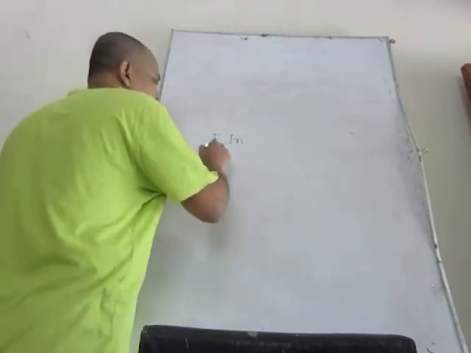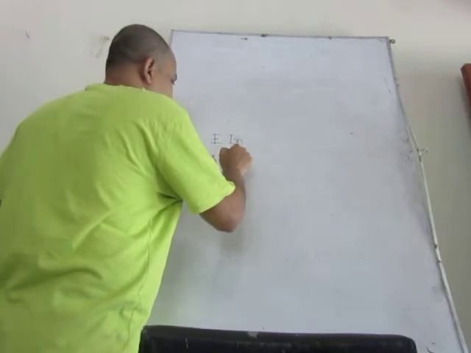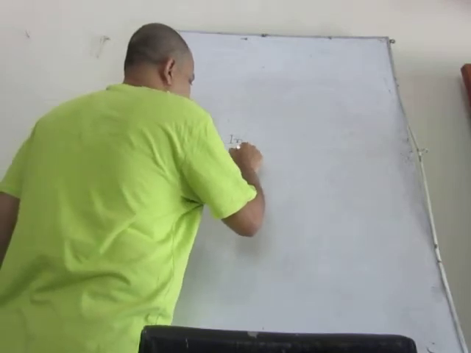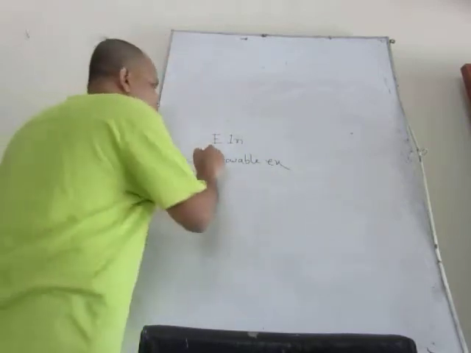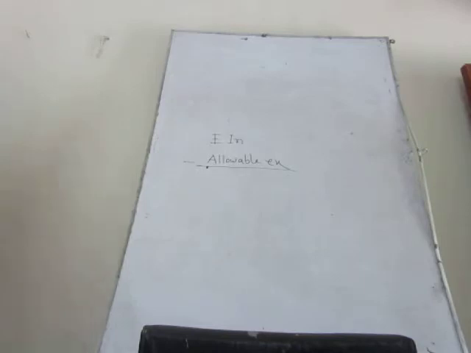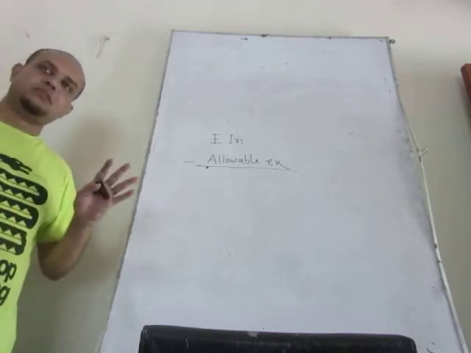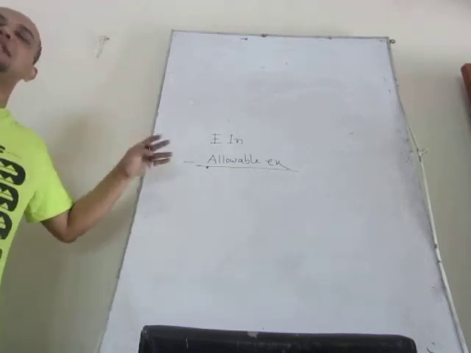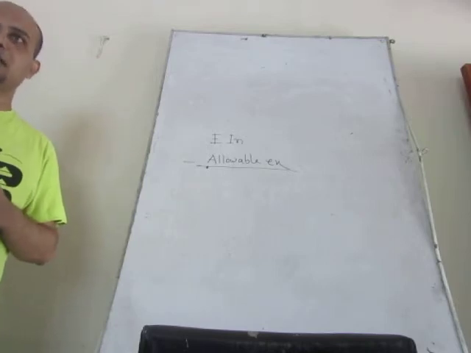From this income, there are some allowable expenses which are to be deducted. What may be the allowable expenses? From this income you have to deduct these kinds of expenses, and afterwards you have to charge tax on it. Clear?